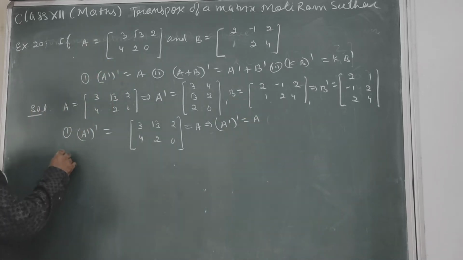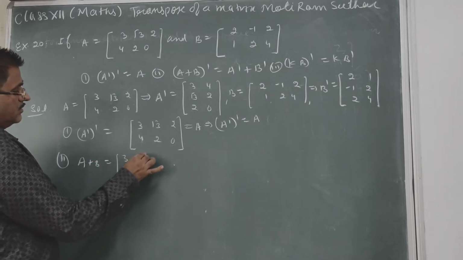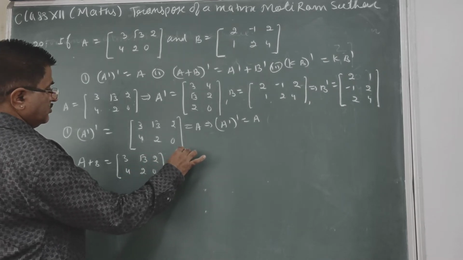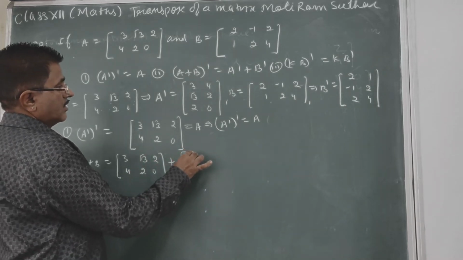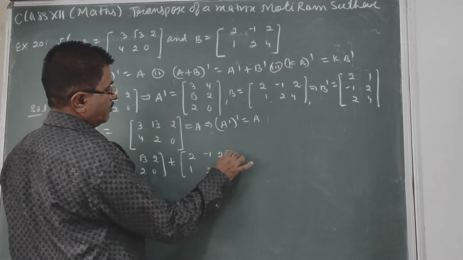Now secondly, first we find A plus B, the sum of the given two matrices, with B being 2, minus 1, 2 and 1, 2, 4.